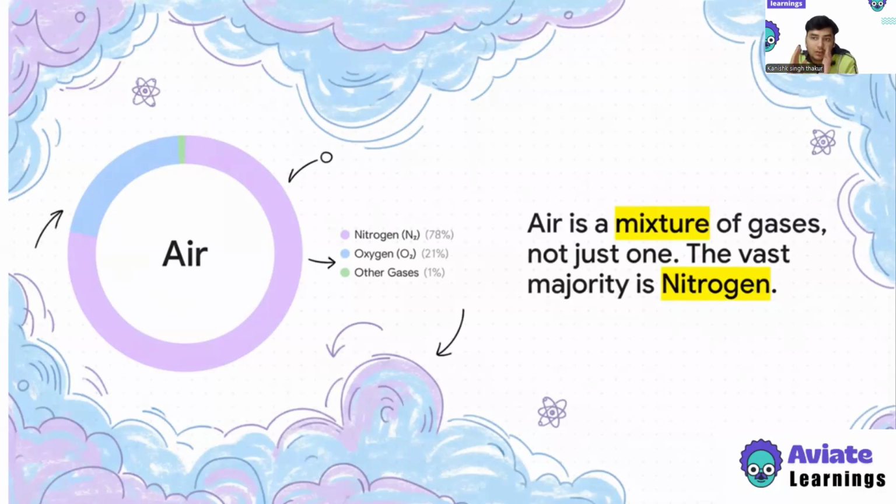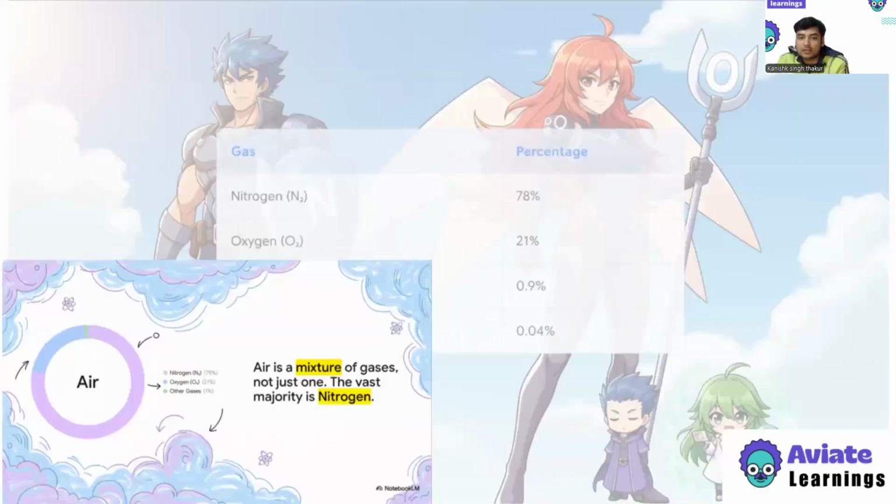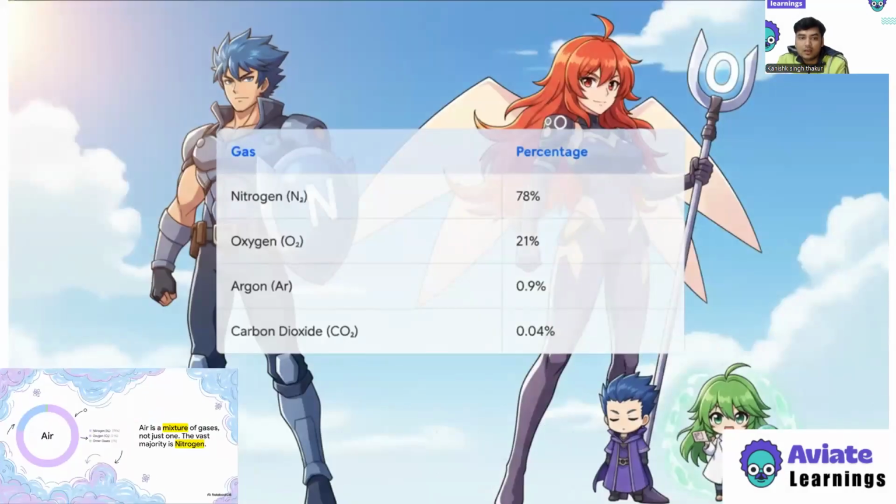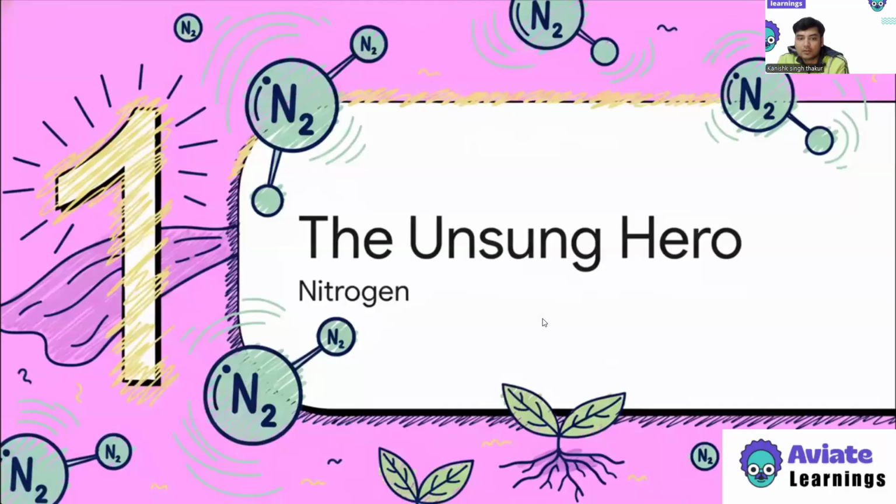So air is not only oxygen, not only nitrogen, but a mixture of nitrogen, oxygen, and all other gases. But the vast majority is nitrogen, which is 78%. So you can see nitrogen 78%, oxygen 21%, argon 0.9%, and carbon dioxide.